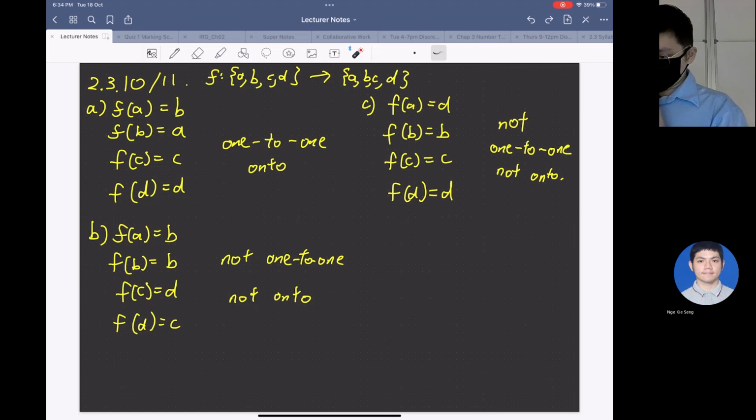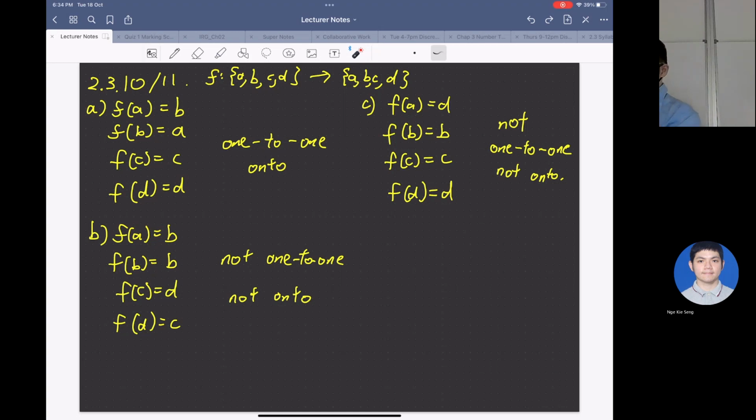If you send different elements to different places, it's one-to-one. If you can reach all the elements in the codomain, it is onto. Like this case is not onto, you see, you repeat already. You have 4 elements, but you repeat, so it cannot be onto. And it's not one-to-one because two different elements get sent to the same element.